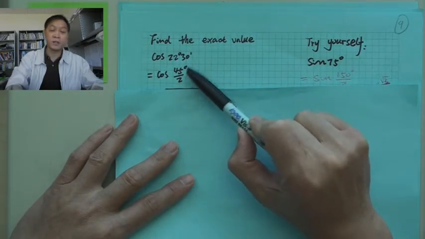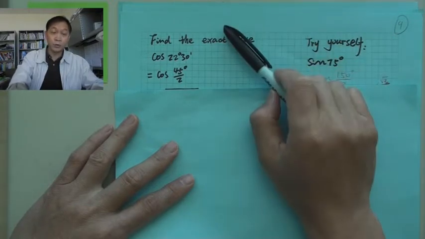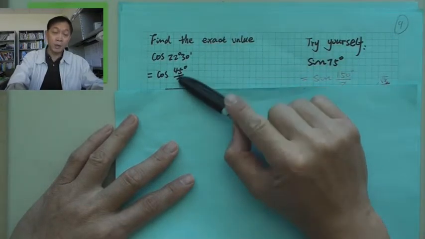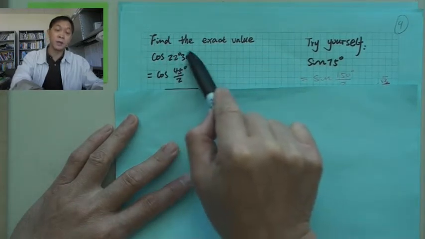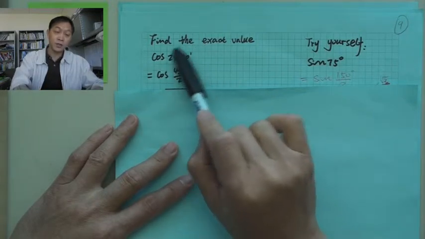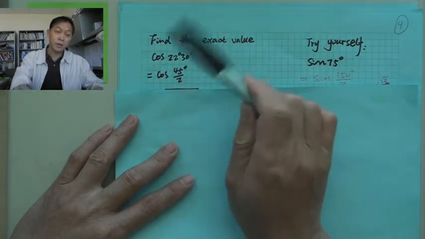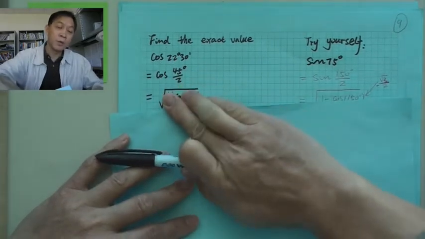So we got to use the half angle formula. Half angle formula, now you probably should be able to remember. Again, this angle is positive, in the first quadrant. From 0 to 90 is the first quadrant. So in front of the radical sign you have a what? You have a positive.